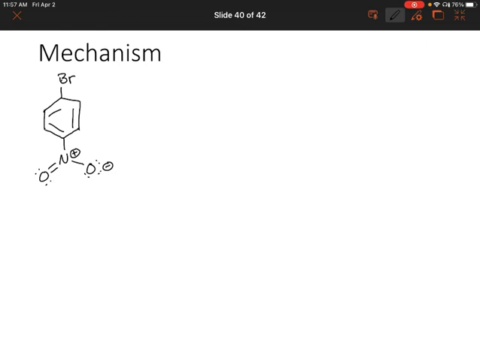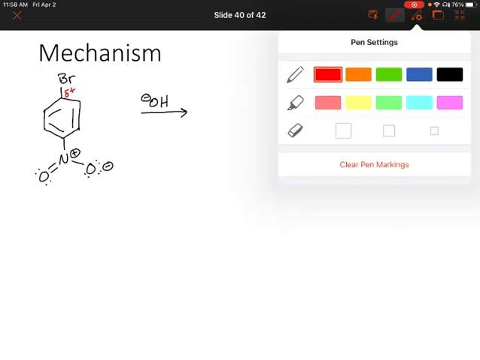All right, so again, in the first step, that nucleophile is going to attack the benzene ring. So it's specifically going to attack the carbon next to the leaving group. That will be partially positively charged.